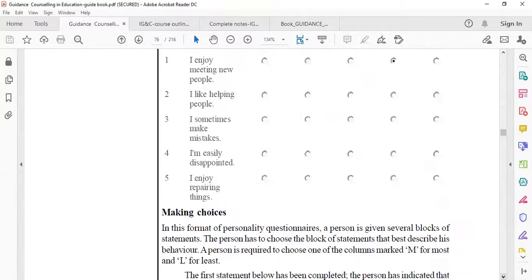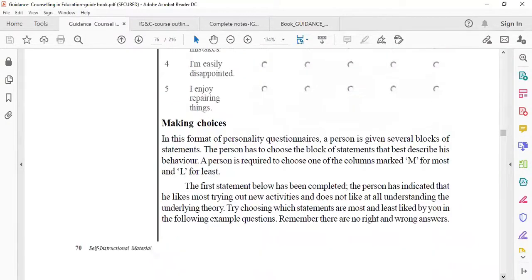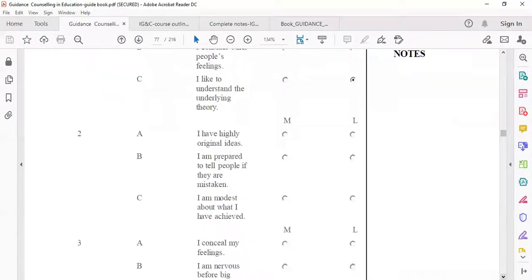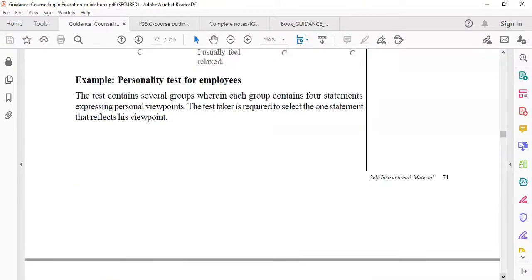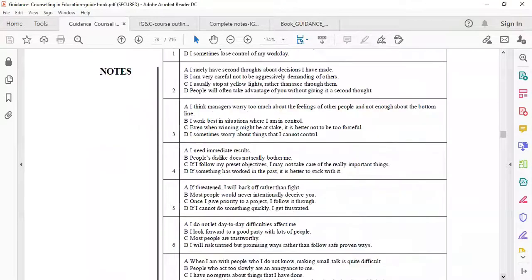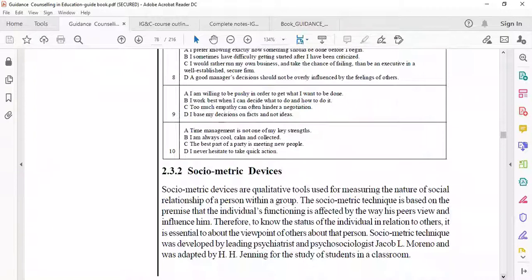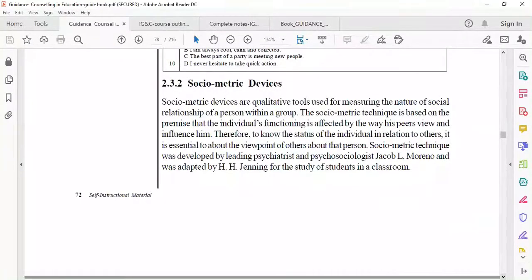Now there are various questionnaires, types of tests and tools that are used to study the personality of a person. These tools include question papers, observations, discussions and interviews. Likewise, there is another test to study the sociality of a person, called sociometry.